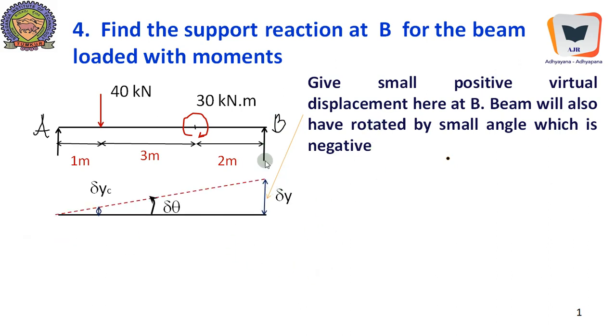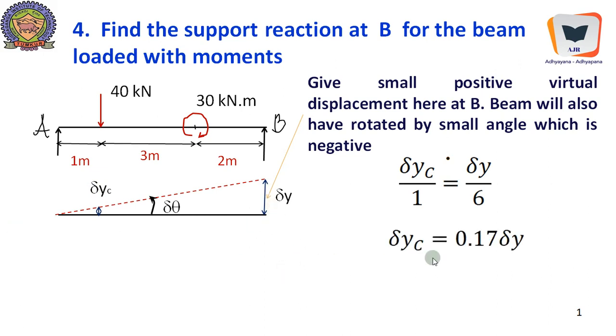So we will just give a vertical displacement at B. So the beam will get lifted, and here is the proportionate virtual displacement that happens at C, which can be computed by comparing similar triangles, right? So it is del yc by 1 of the small triangle, del y by 6 of the big triangle, and we will get del yc equal to 0.17 del y.